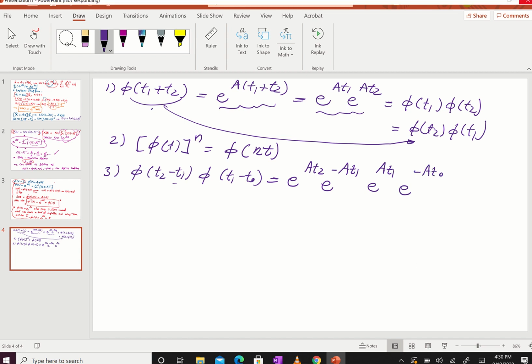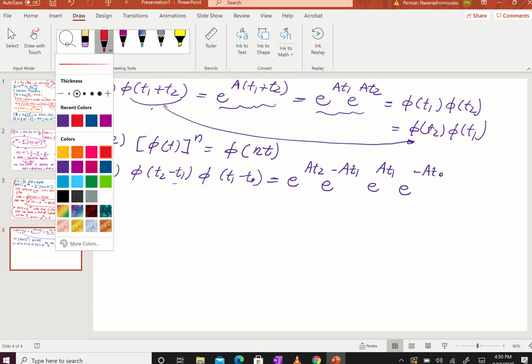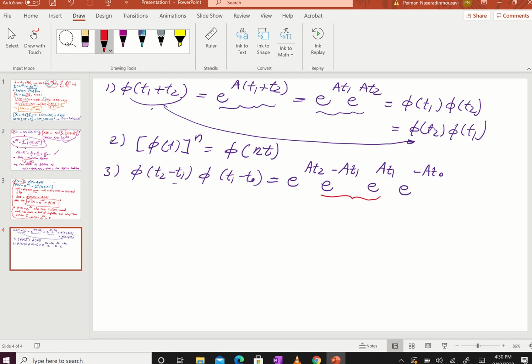We know that the middle terms give I, not 1, because these are matrices.